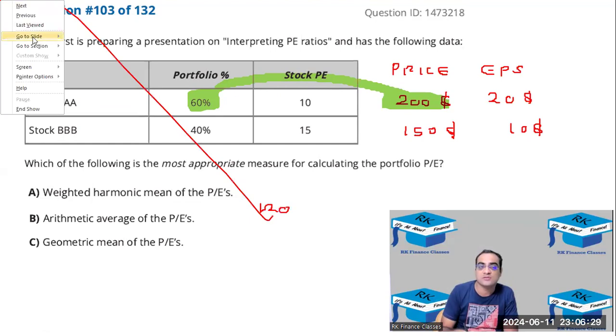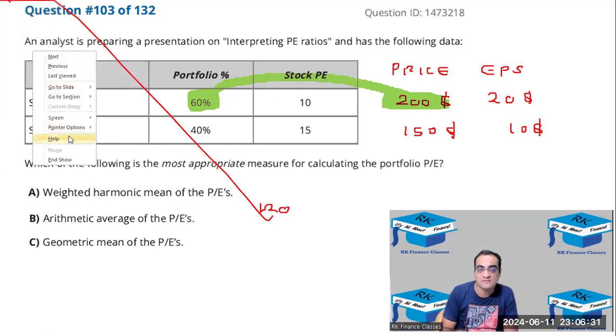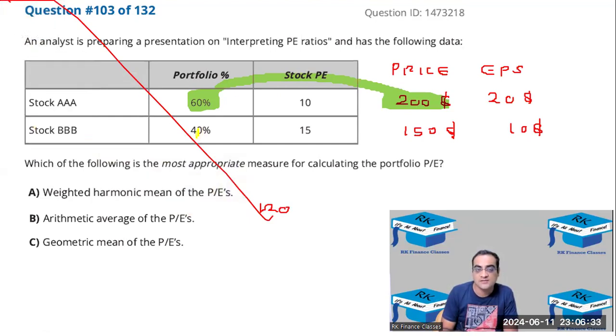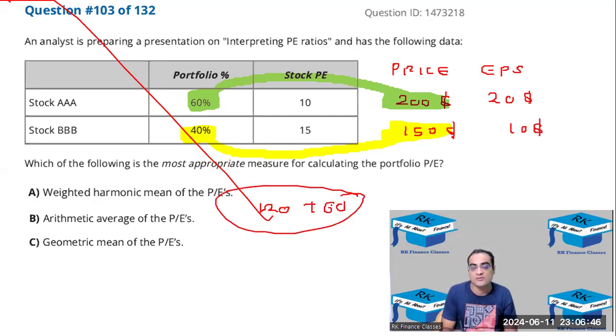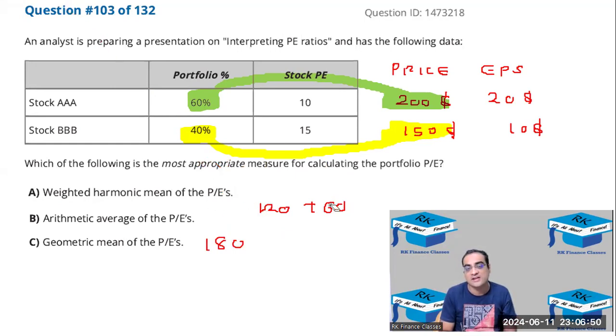In the case of stock B, it is 40% of 150, which is 60. So 120 plus 60 is 180. The total amount that we have invested is 180.